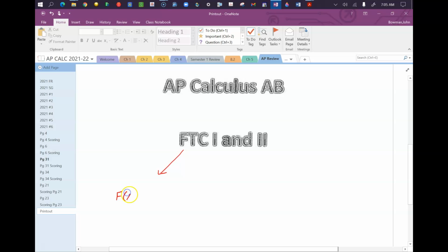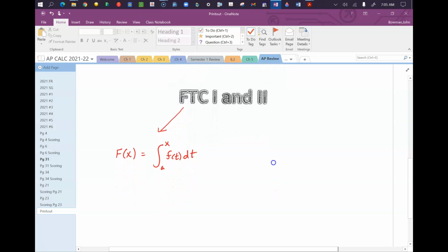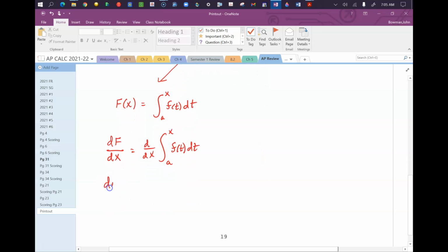It says that big F of x is equal to the integral from a to x of little f of t dt, and essentially what we're saying is if we take the derivative of big F of x with respect to x, we are taking the derivative of that integral from a to x of f of t dt, which is basically saying, well, dF/dx is equal to the derivative.